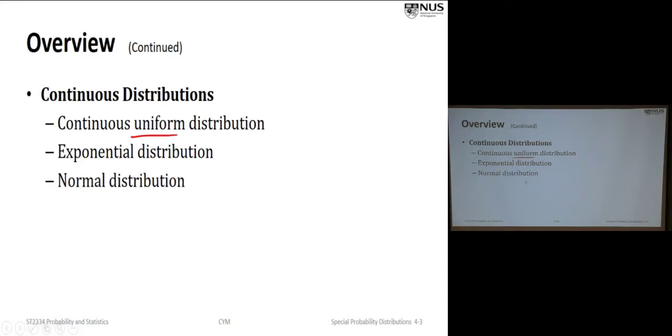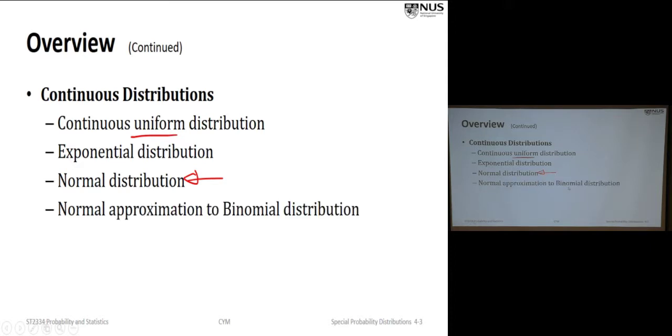The normal distribution is a very, very important distribution, and you have come across it before, so now let's look at it again. Then we can approximate a binomial distribution using the normal approximation. Just on the last slide, we mentioned using the Poisson distribution to approximate a binomial distribution.